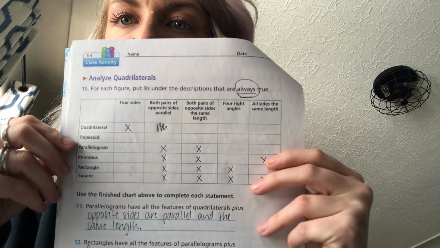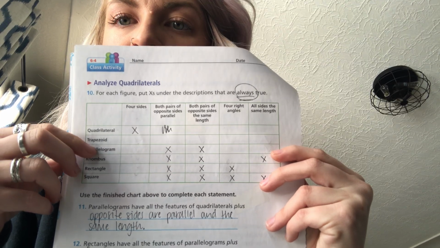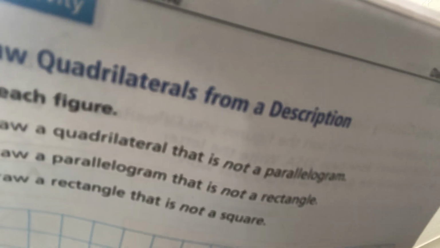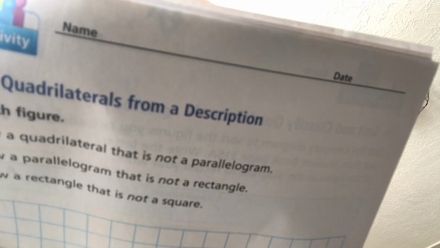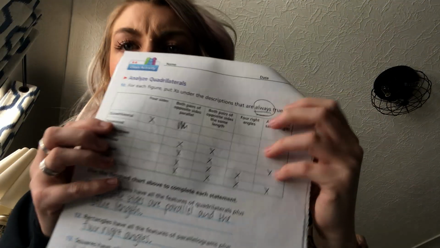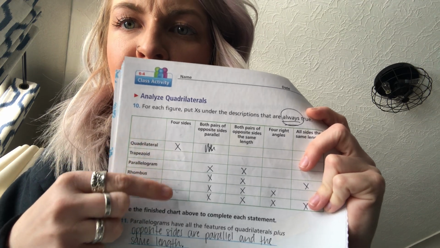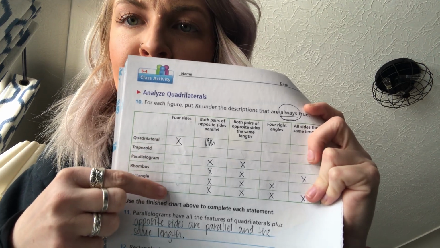I went along and followed. Oh, this one's confusing. How did I go through this? I checked my answers and it worked, so you can follow along with what I've got here. Every single time, you can put 4 sides, so put an X in every single one of those. I think that's where I kind of messed up there.